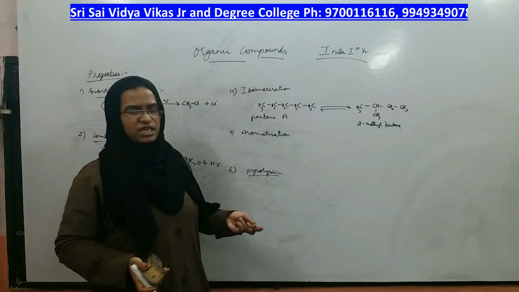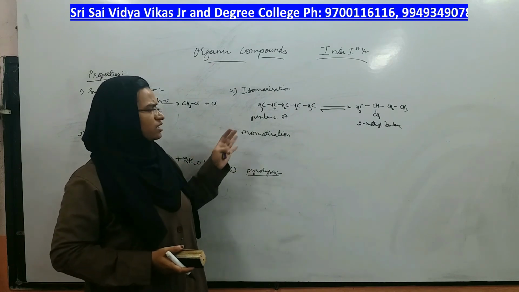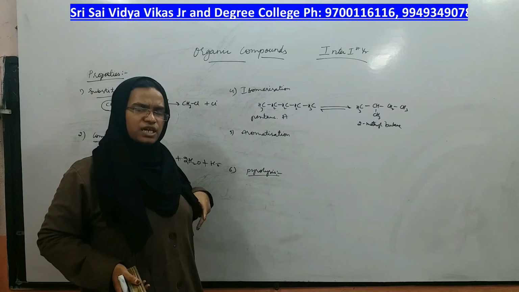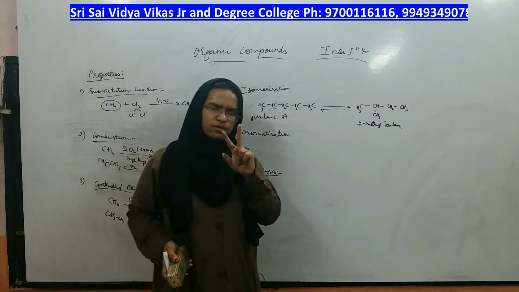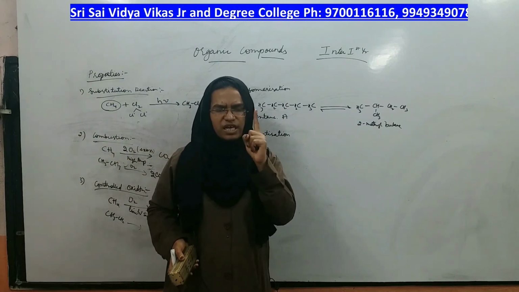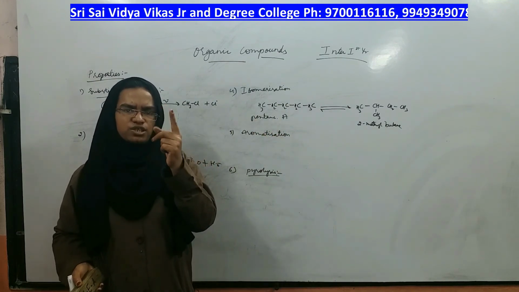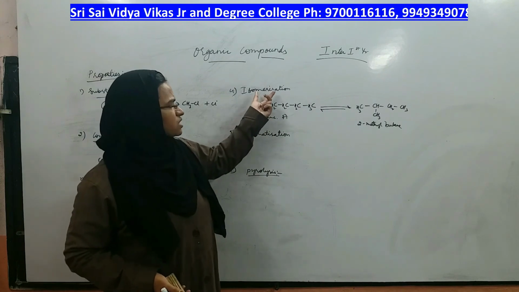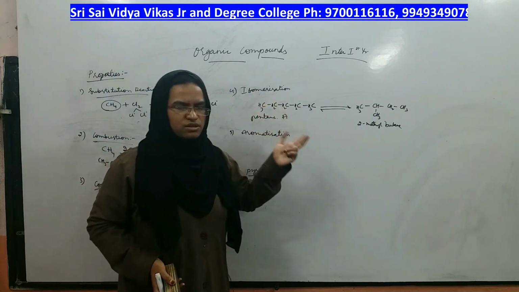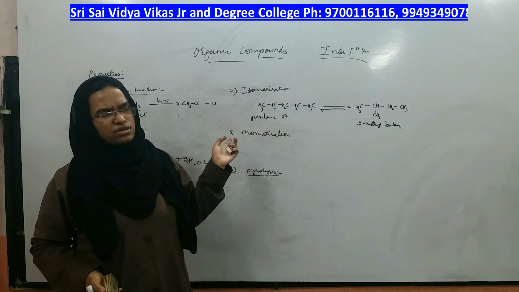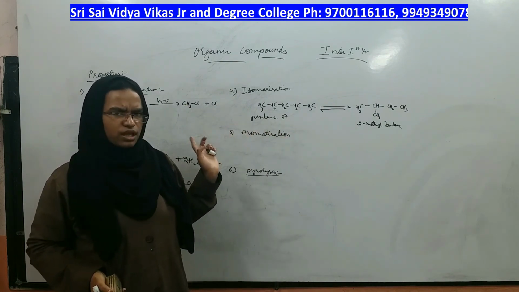If I take hexane, its isomer will be formed, right? Because during isomerism we have seen that there should be two examples, A and B. If you take A and do the reaction, you will get B. If you take B and do the reaction, you will get A. That reaction is called isomerization. But in this type of isomerization, the reactant is alkane, and the product is also alkane, right?